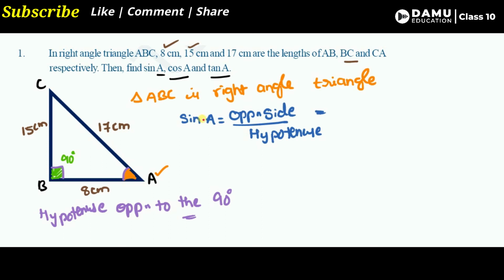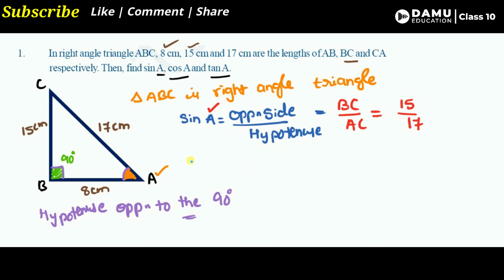From the angle, the opposite side is BC. So BC by hypotenuse, which is AC. BC is 15 centimeter and AC is 17. So this is the value of sine A.